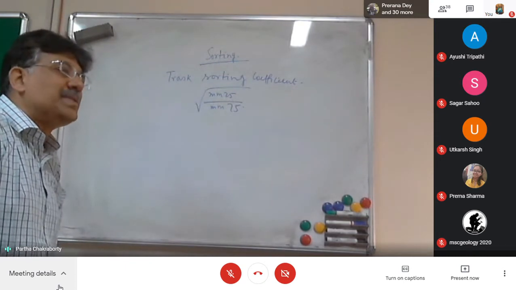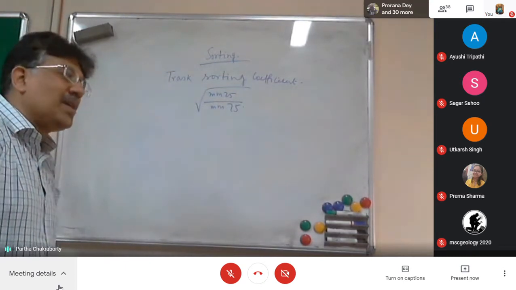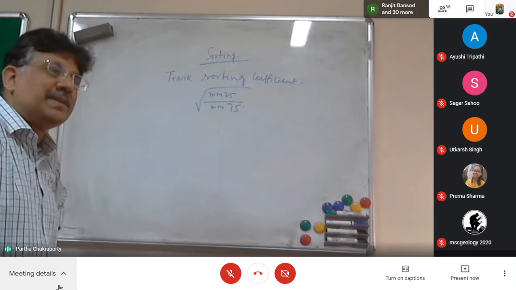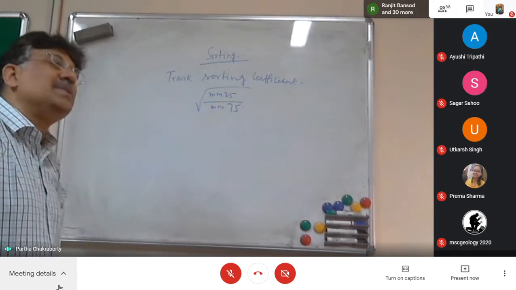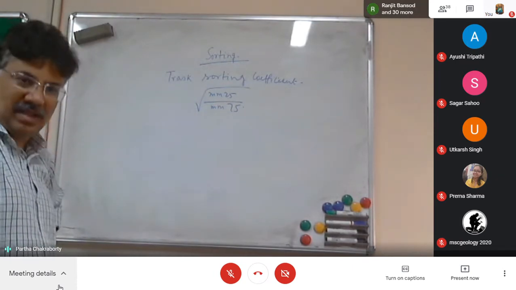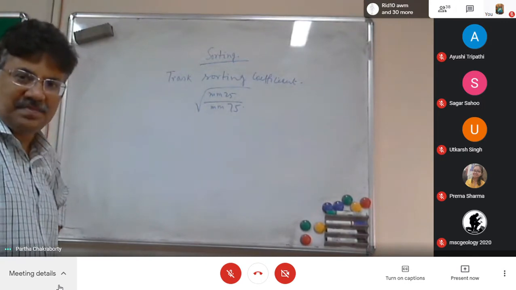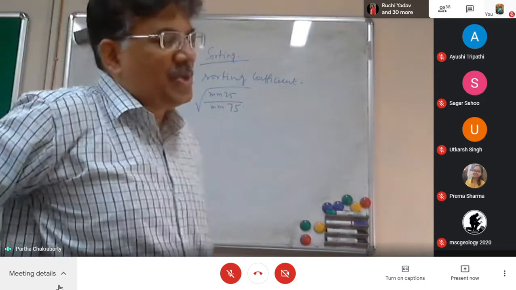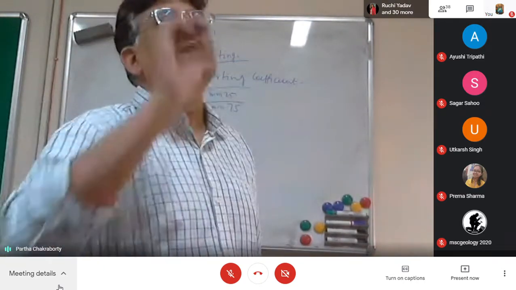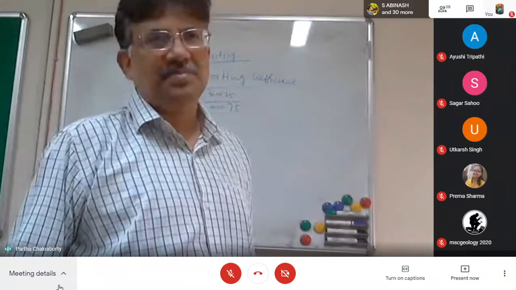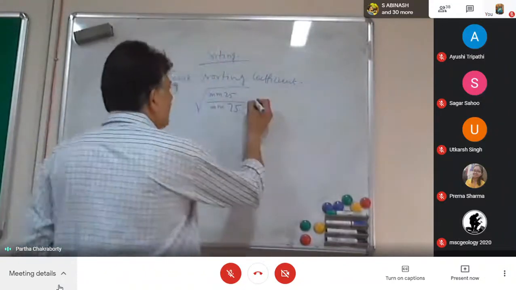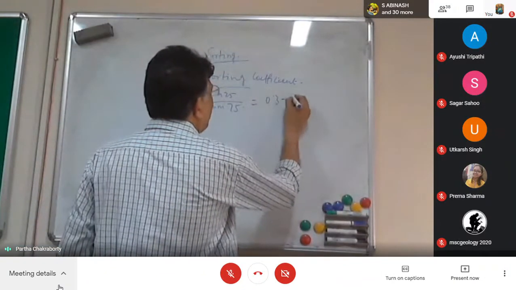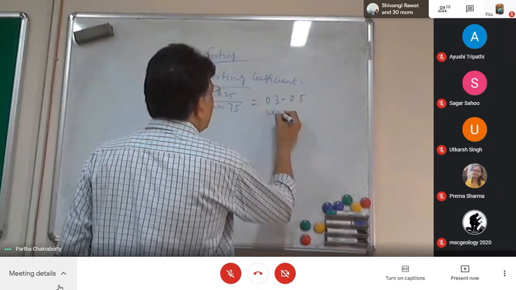That means the mm size of the grain which is at 25% and the mm size of the grain which is at 75% of the distribution. And then they say that if this is 0.3 to 0.5, then it is a very well sorted sample.